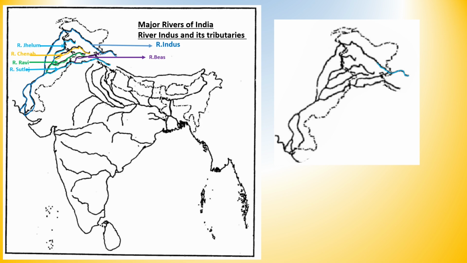You have to start from Tibet, cross this area of Indian border, enter into India, proceed towards the northwest, enter Pakistan, divide it into the distributaries.